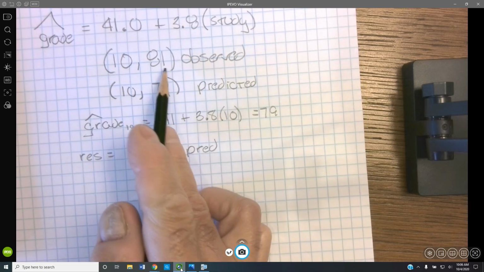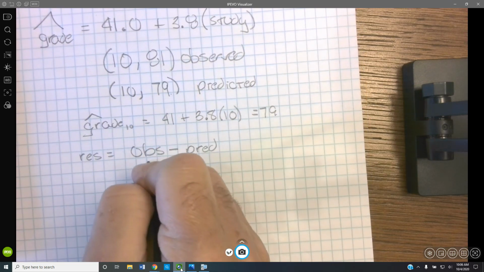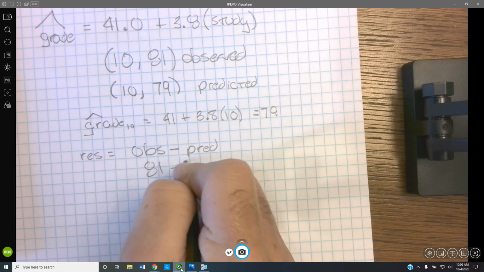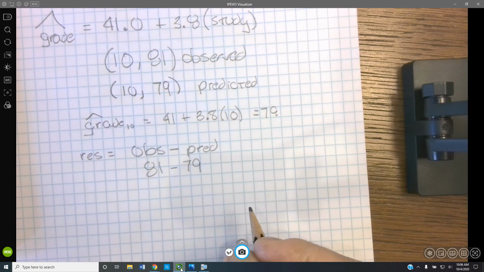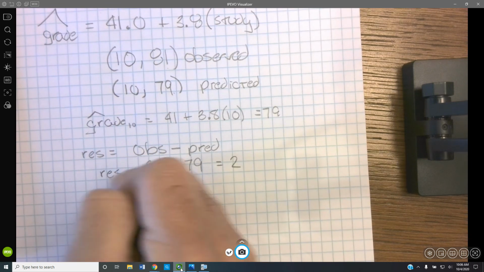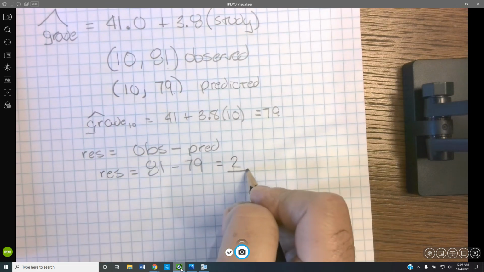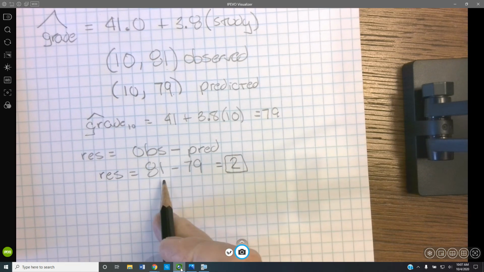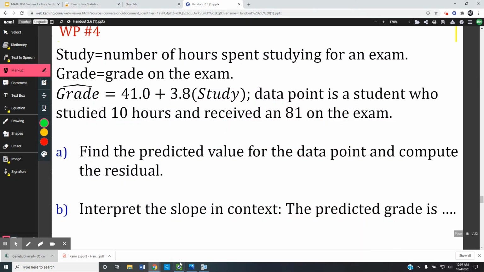So the observed is 81, and the predicted value was 79. So the residual is positive 2, meaning the observed value was 2 greater than what we thought it would be under a prediction. So we found the residual and calculated it to be 2.